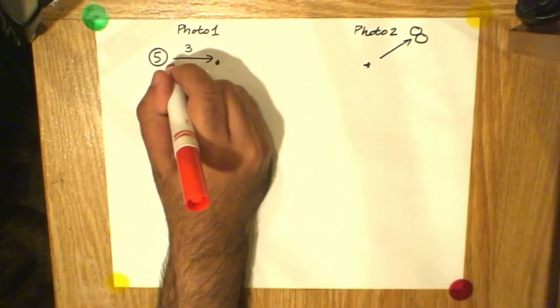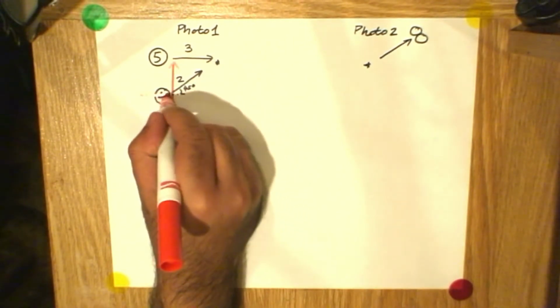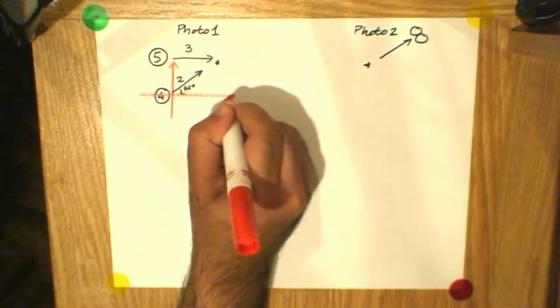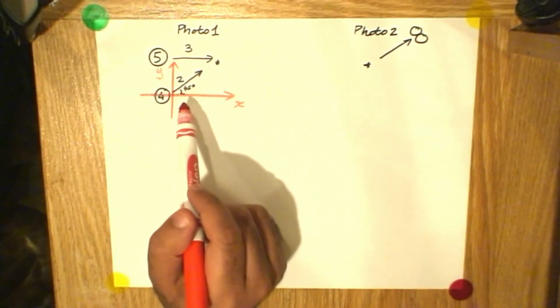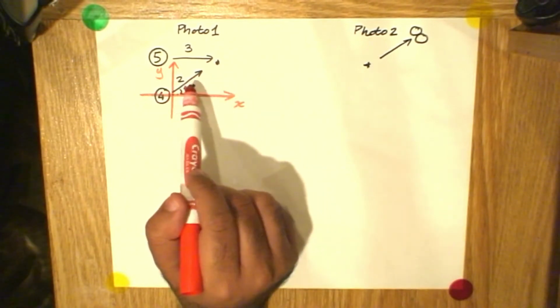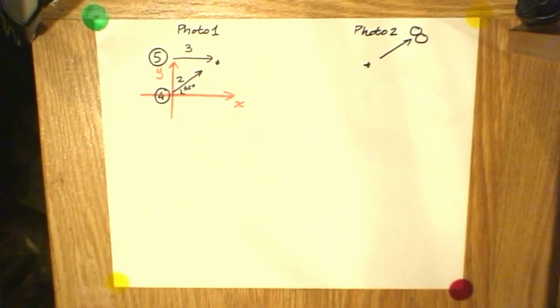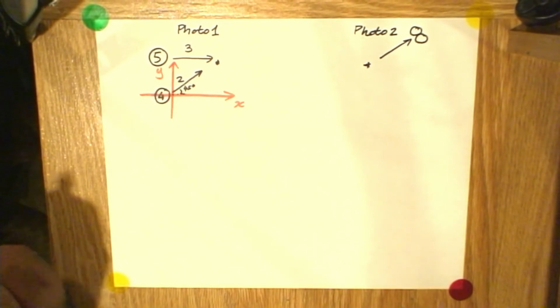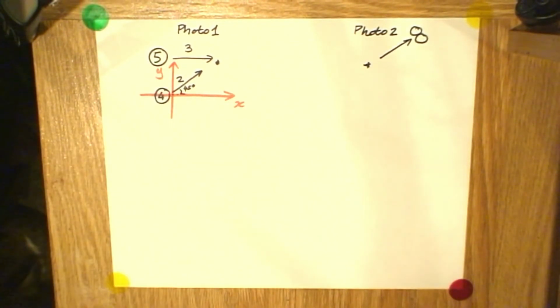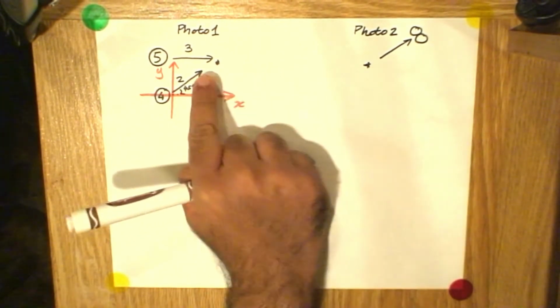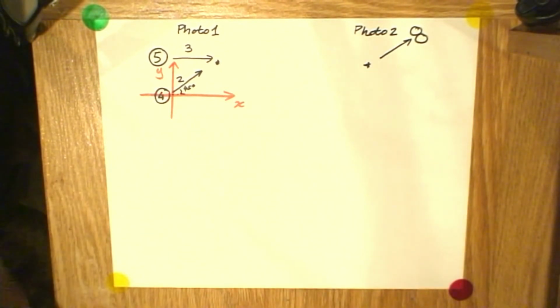We need to turn it into Cartesian before we can start solving for the final velocity, or even the initial velocity of the 4 kilogram. Now, you'll notice that I have drawn these axes over here. Although it's more conventional to draw them at the point of the collision, which I've marked with this asterisk over here, it doesn't particularly matter as long as you stay consistent and you don't confuse the i-hats and the j-hats.